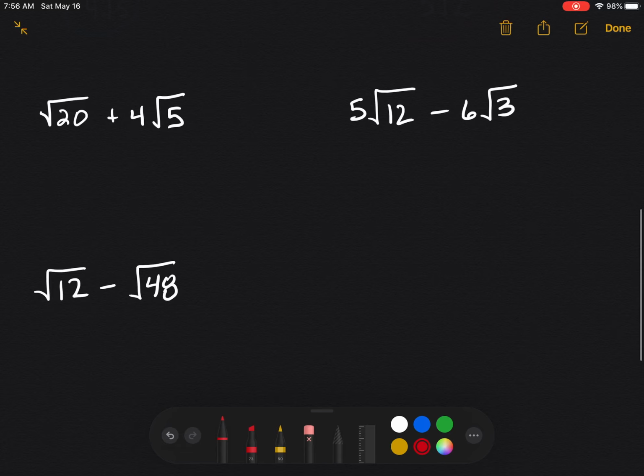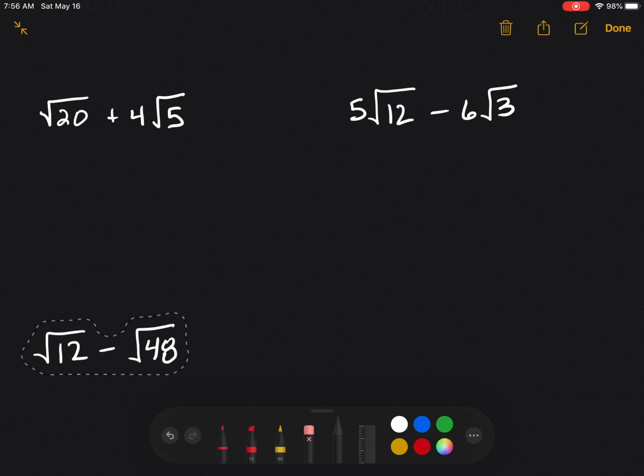Let's do some more for practice. Probably going to have to move this guy down here a little bit. Okay, so now I'm going to reduce 20. I'm going to go through my list of perfect squares, and I know that 4 is a factor of 20. So now I have to take that 4 out of the radical, and when it comes out, it changes its clothes.